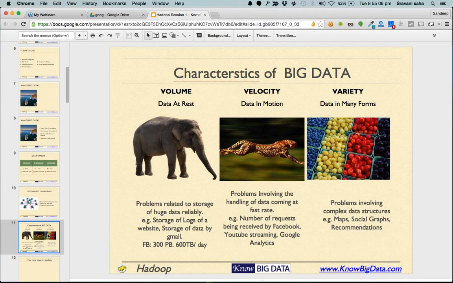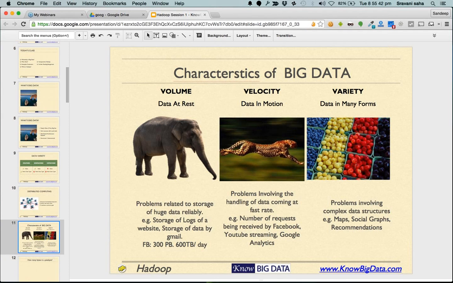So that was volume, the data at rest. You are not dealing with real time traffic. Now the second characteristic that could make data big data is velocity, data in motion. Imagine Facebook. Facebook gets requests from billions of users every minute. Your phone, your laptop, and everybody is hitting the Facebook server every minute, every second to get the data.